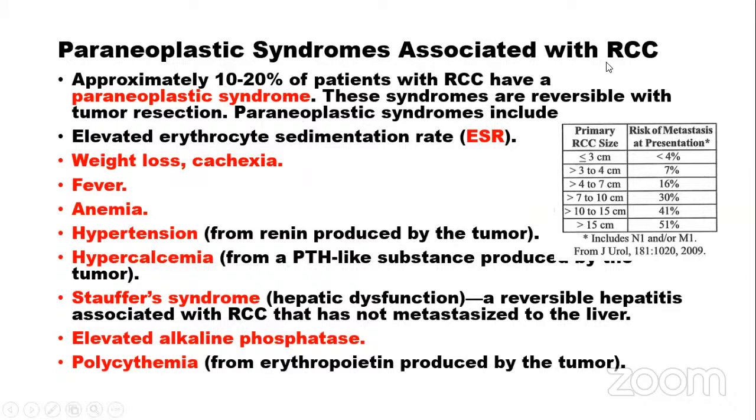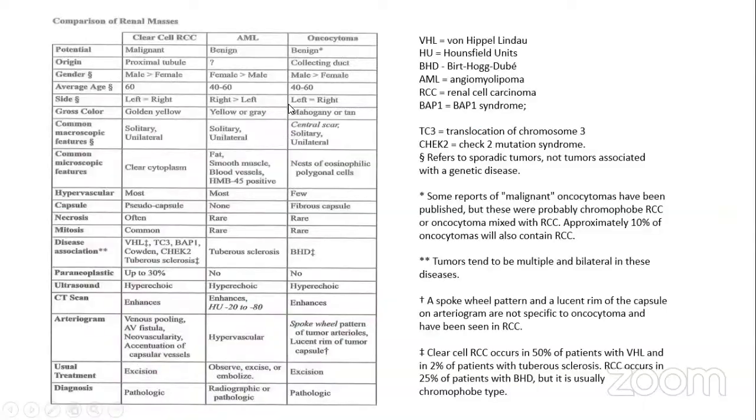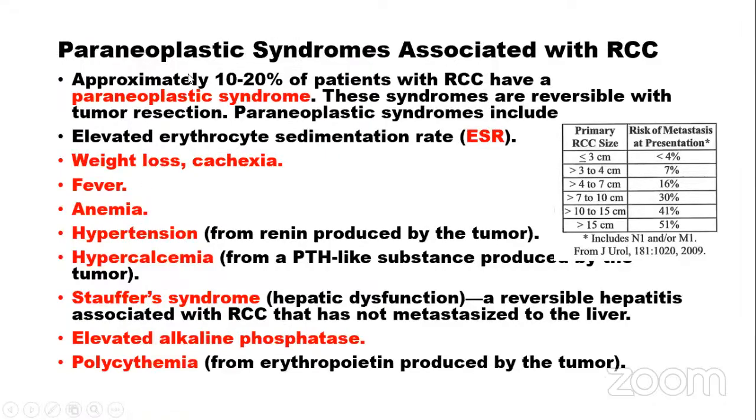Paraneoplastic syndrome associated with RCC: approximately 10 to 20% of patients with RCC have paraneoplastic syndrome, though the earlier slide mentioned up to 30% in clear cell carcinoma. These syndromes are reversible with tumor resection.